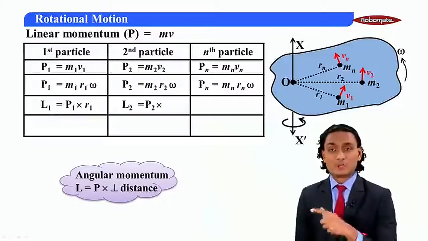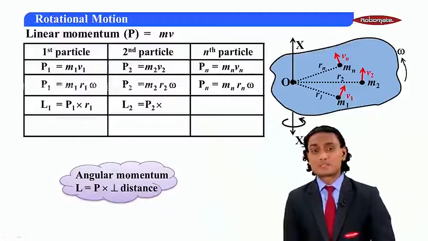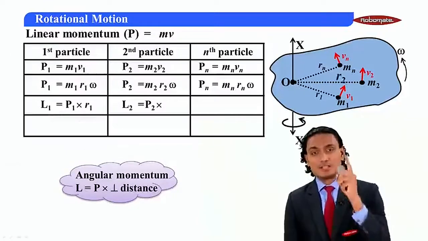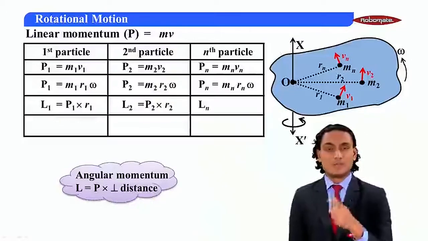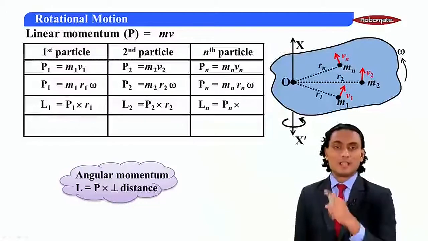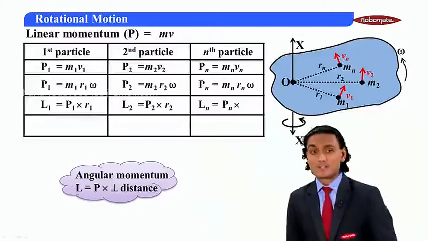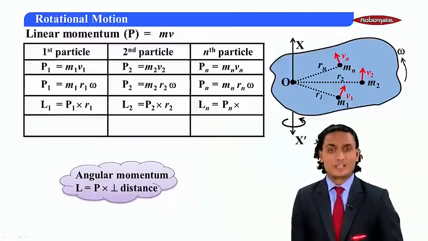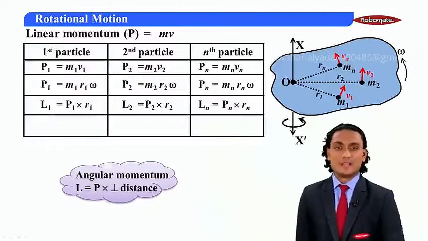Similarly, L2 is equal to P2 into what is the perpendicular distance of the second particle? Oh yes, there you go, it is r2. So we can write L2 is equal to P2 into r2. Similarly, Ln is nothing but Pn into what is the perpendicular distance of the nth particle? Oh yes, there you go, it is rn. So Ln is equal to Pn into rn.